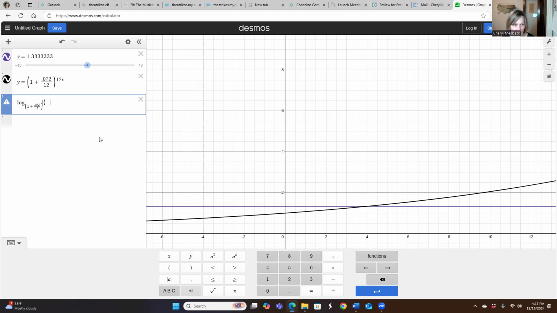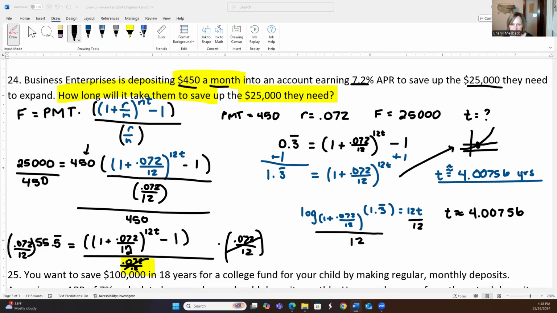And in the argument, we had 1.3. Now that's what that equals, but remember, we wanted to divide this by 12. And we get 4.00756 essentially. So let's see if that's the same. So you can see here that it is the same.